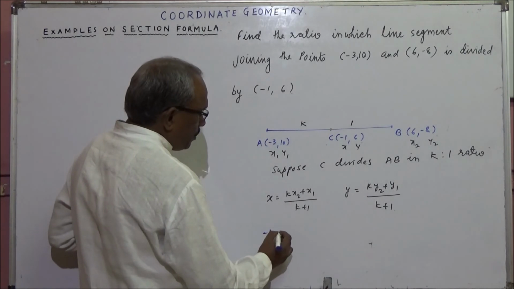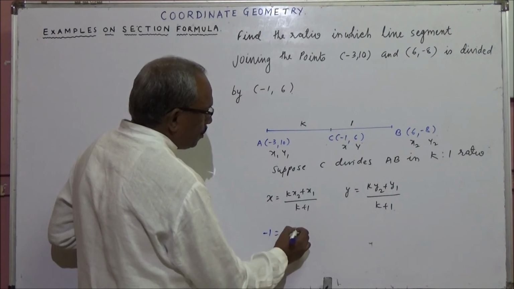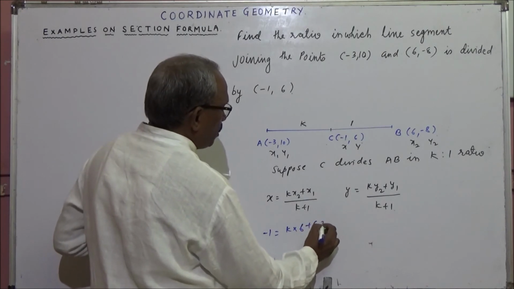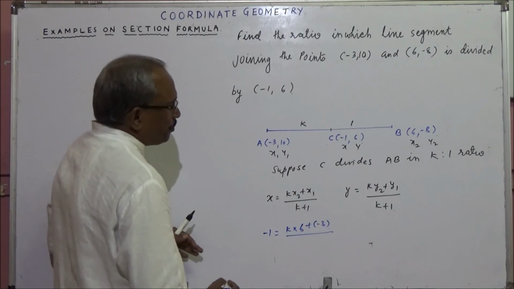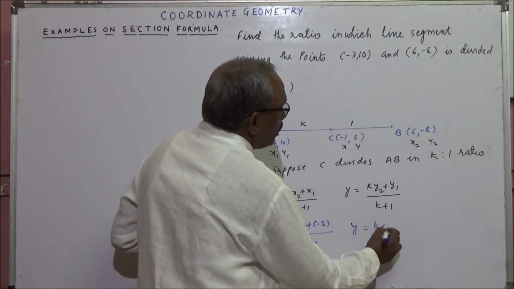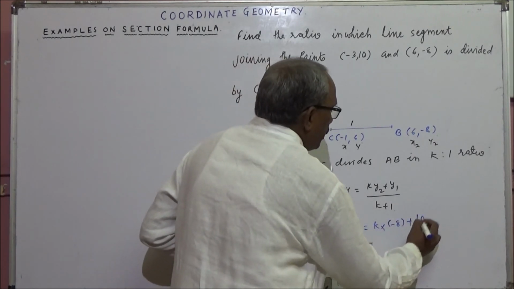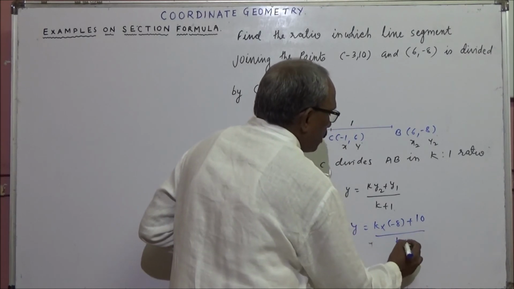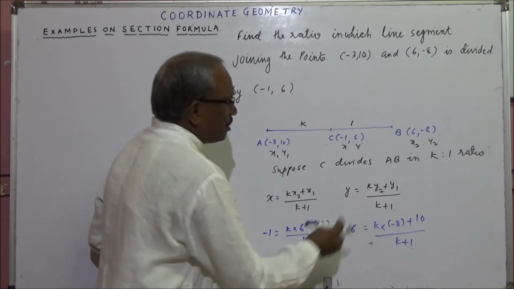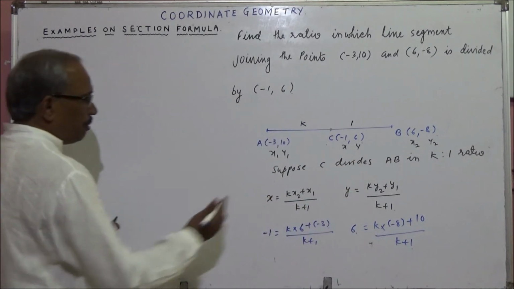So what is x here? -1 is equal to k into x2, x2 is equal to 6, plus x1 means -3, upon k plus 1. Y is equal to k into y2 means -8 plus 10 upon k plus 1. तो ये दोनों में से, so we know y is 6. So either taking this or this, we can calculate the required ratio.